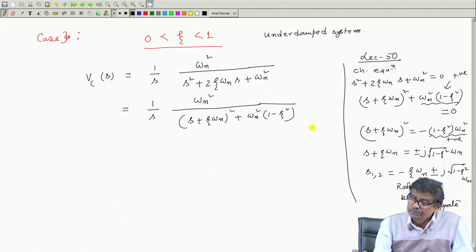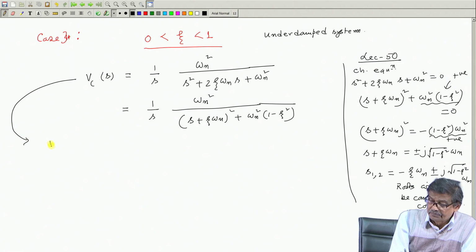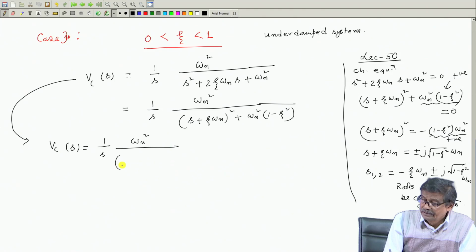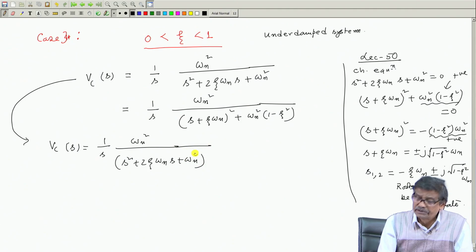Now, what I will do: V_c(s) is equal to 1 over s, omega_n square divided by s square plus 2 zeta omega_n s plus omega_n square, and let us do partial fraction expansion.